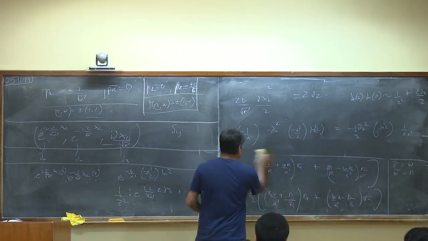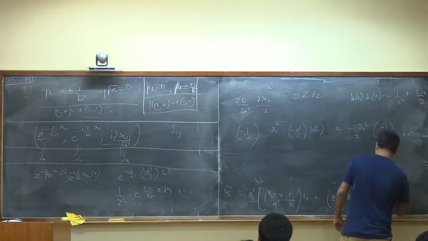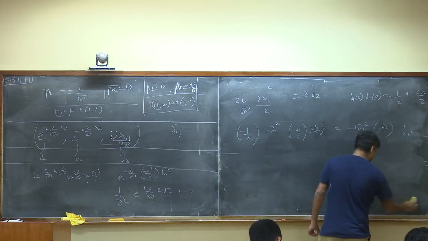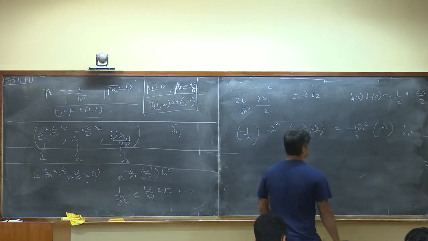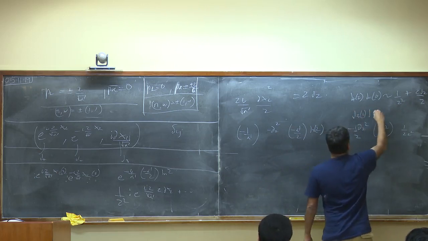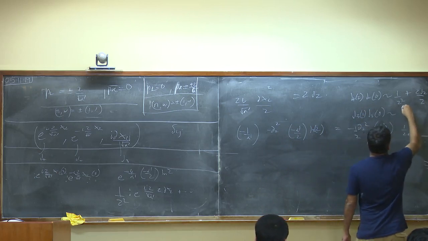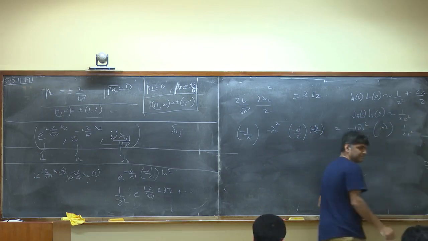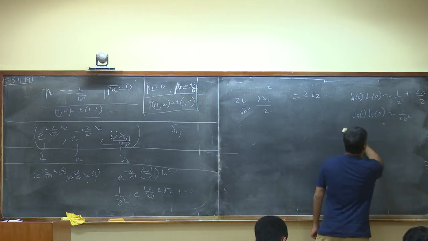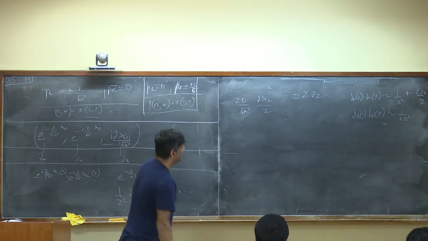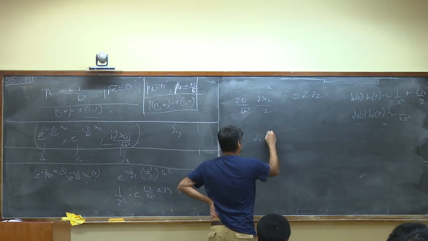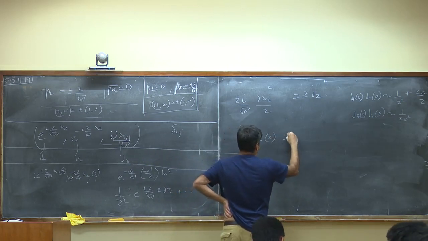Finally, so what did we conclude here? We concluded that j3 of 0 was like 1 by 2 z squared. And finally, we want j3 of z, j plus of 0.